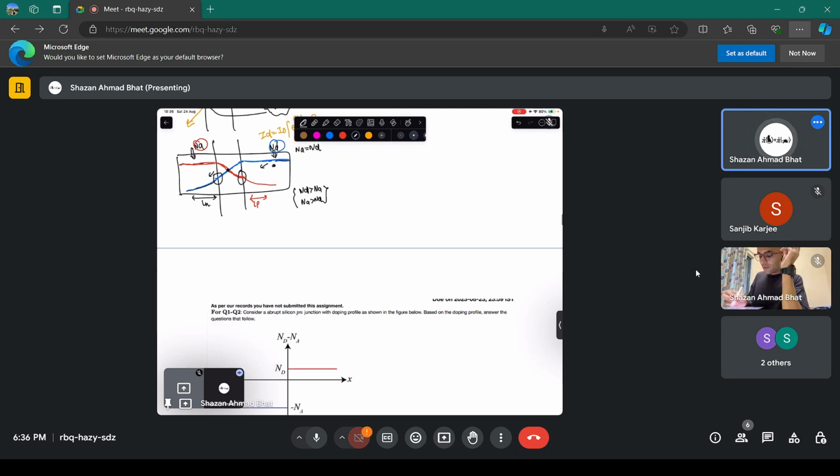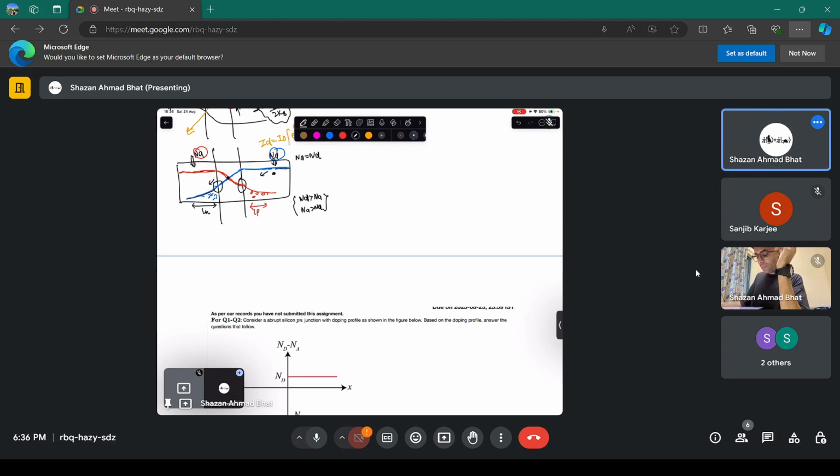When the electron goes to this side, it recombines with the holes. When holes go to this side, they recombine with the electrons. That's why you want to keep these regions small so that you can collect those electrons and holes before they decay away. That is the overall summary.